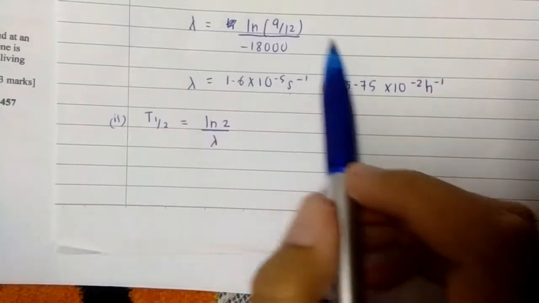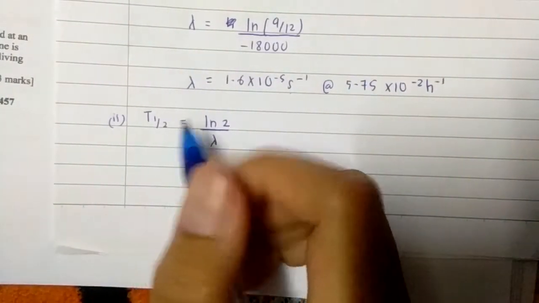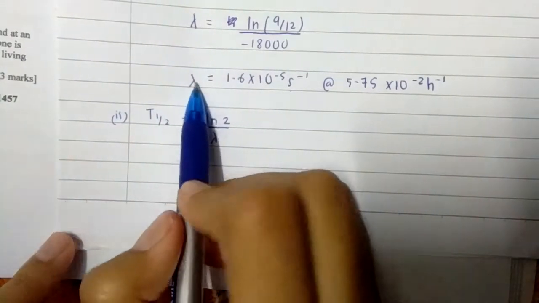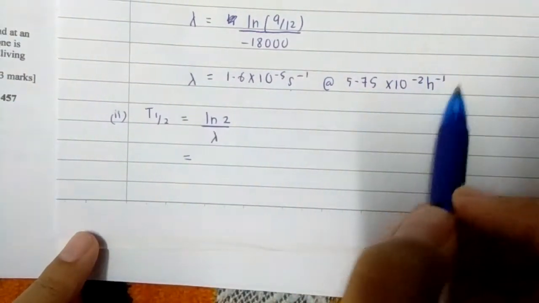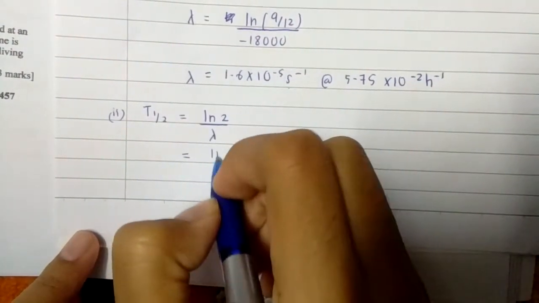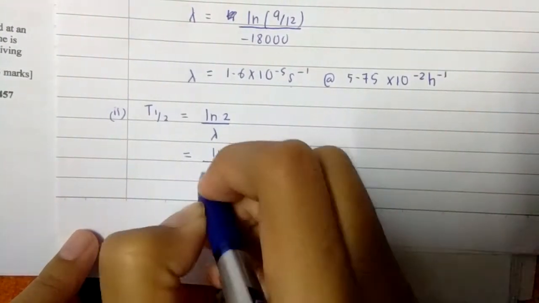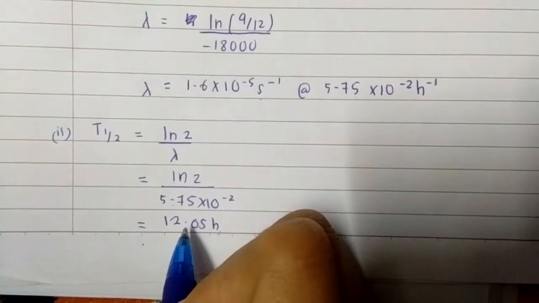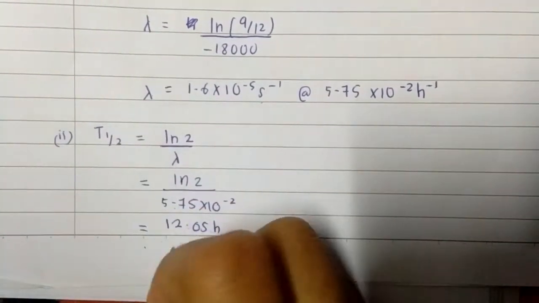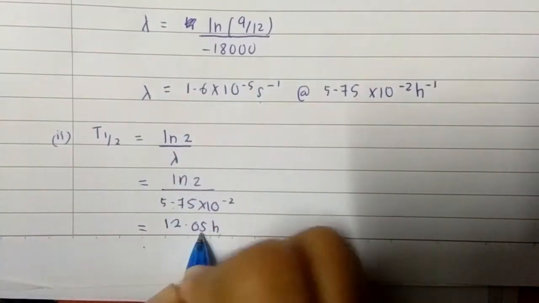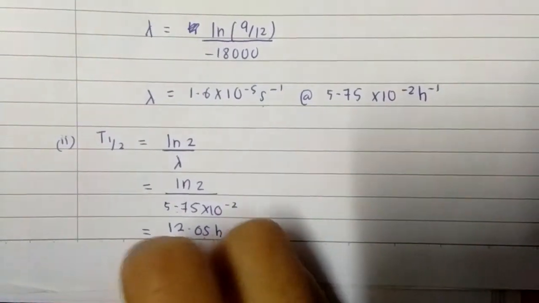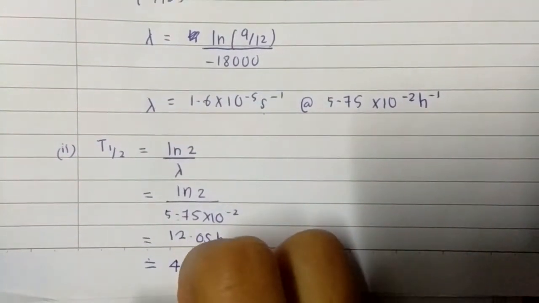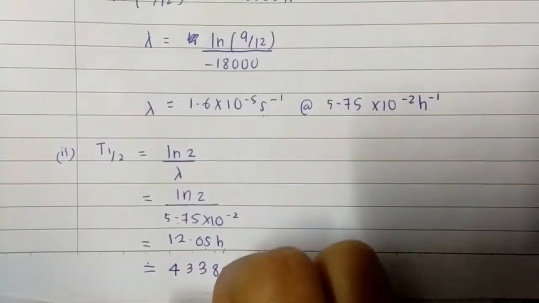But since the time given in this question is in hours, we use the decay constant per hour. So substitute. We'll get half-life equal to 12.05 hours. Change to seconds, we'll get 43380 seconds.